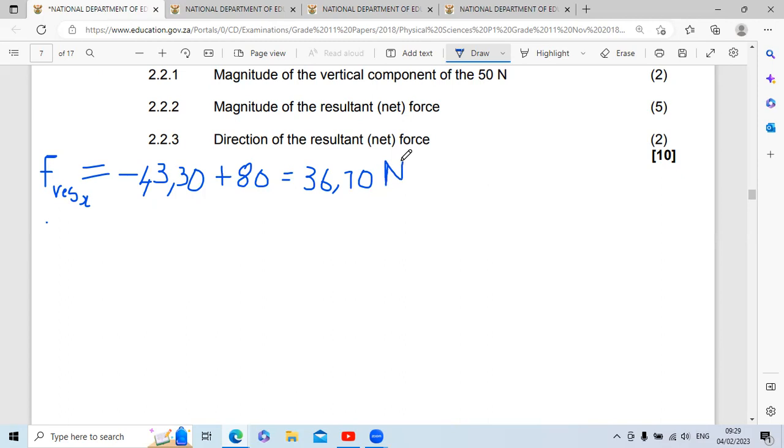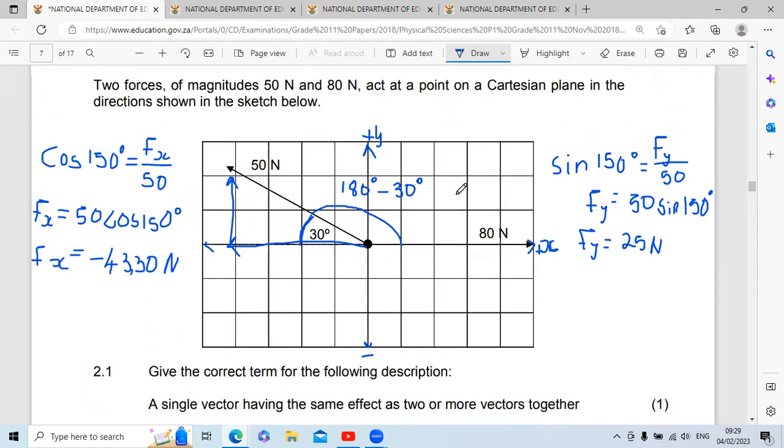So from this, we know that our resultant on the horizontal is 36.70 newtons. And we know that the 80 Newton vector does not have a y component. So our resultant on the y-axis is going to be 25 newtons.